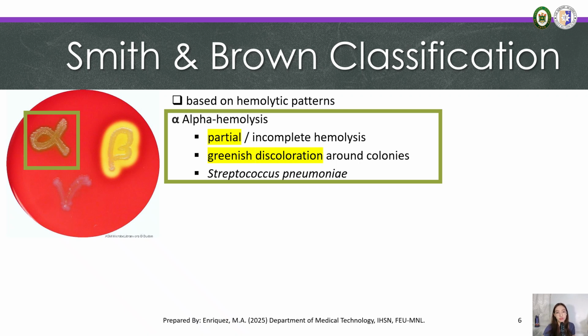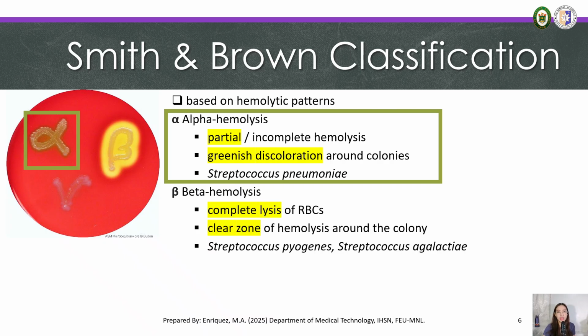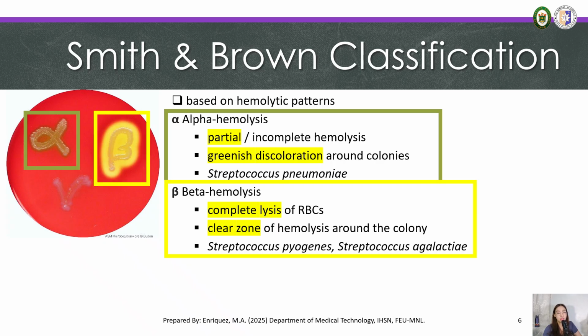It's Streptococcus pneumoniae. If a bacteria is beta hemolytic, this means that they are capable of complete hemolysis of the RBCs present in the medium. They were capable of completely or fully destroying the RBCs that is present on BAP or SBA. All right. So beta hemolysis would produce a clear zone around the colonies and ganito po yung itsura nila.